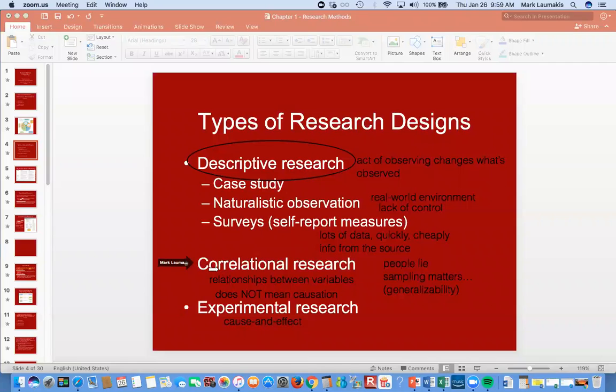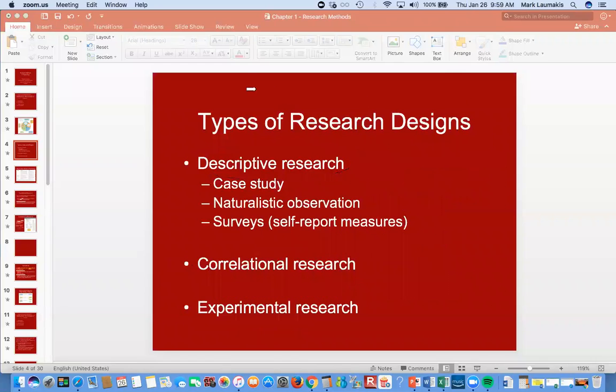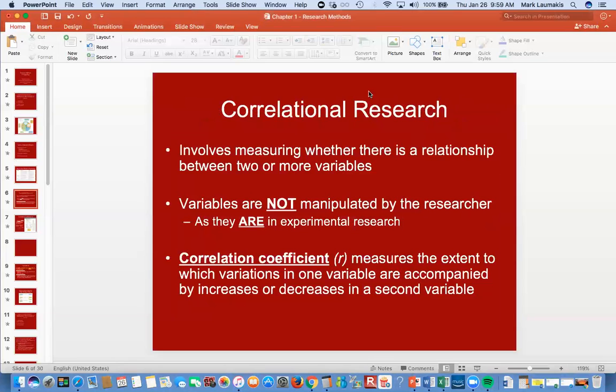Well, we're not going to do that. That's not ethical. But we can look at these things. How much of this income stuff was going on in your life? How much of this education stuff did you attain? And see if there's a connection, if there's a relationship between these two variables.